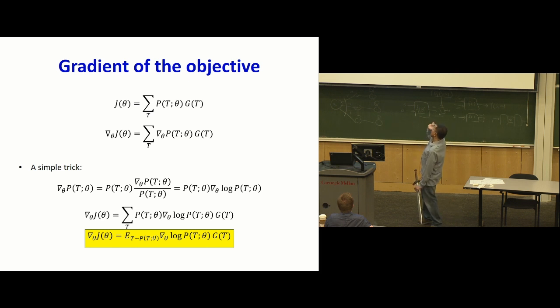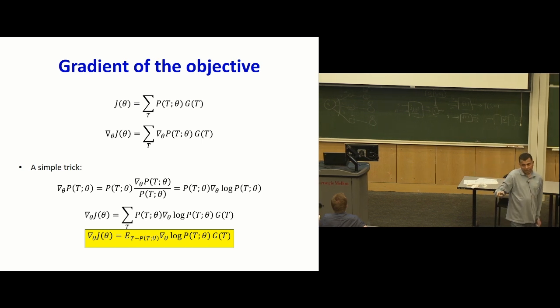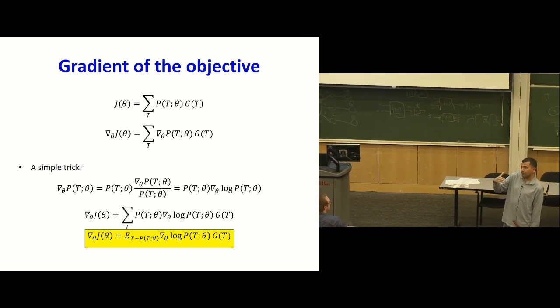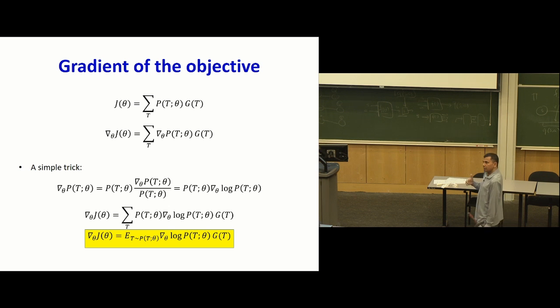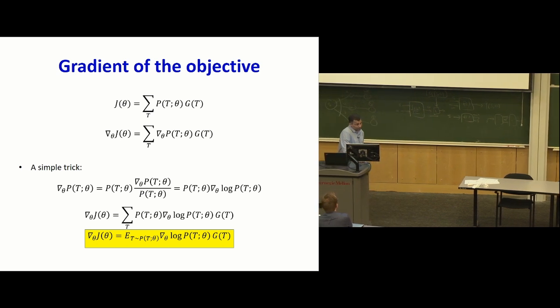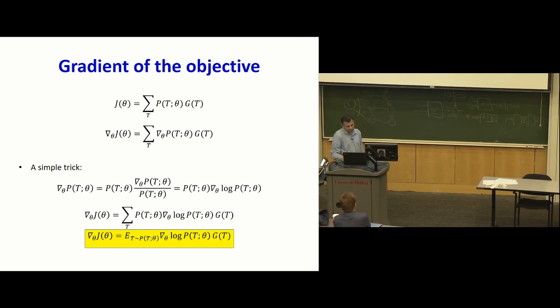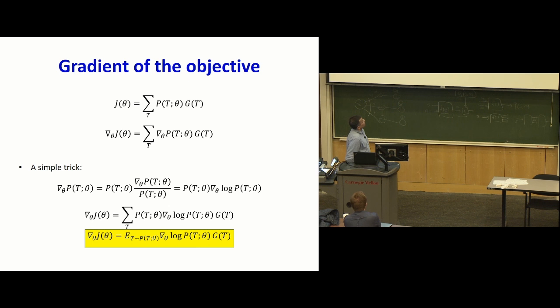Again, observe that the real problem here, in addition to the non-differentiability, is that when you take an expectation, you're summing over infinite trajectories, and you can't really go through that summation and take a derivative. So instead, here's what we'll do.